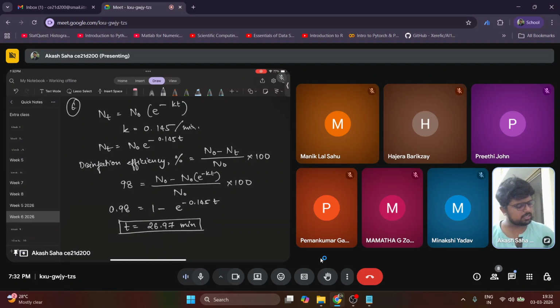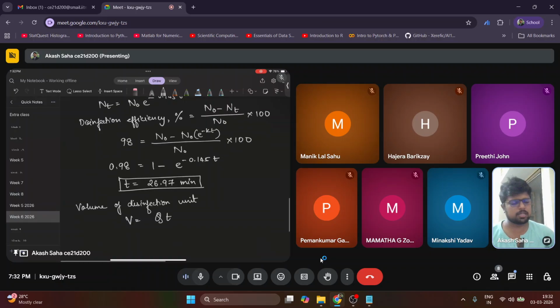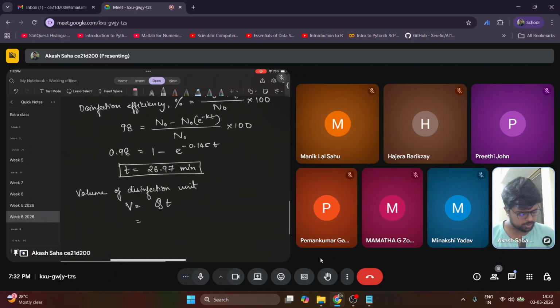Once you've got the time, now we have to find out the volume of the disinfection unit. So V is equal to discharge into time, V = QT. Q is 1000 meter cube per day, and time we have is 26.97 minutes.